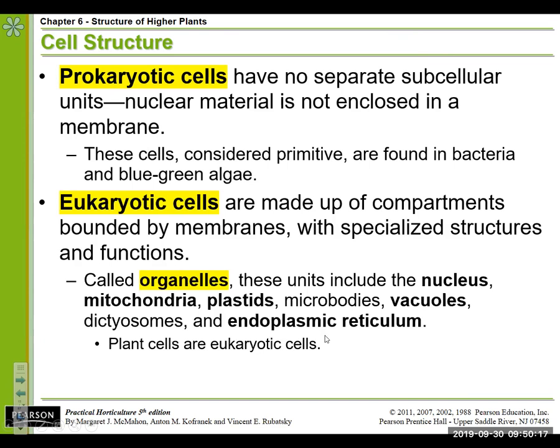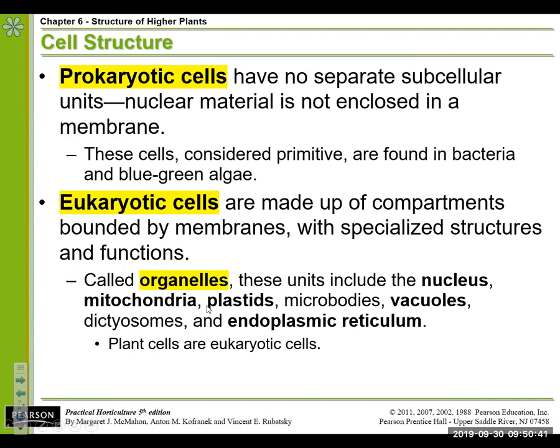The mitochondria, which we refer to as the powerhouse of the cell, the plastids, the microbodies, the vacuoles, the endoplasmic reticulum. These are all important to know about, but I'm going to gloss over them here. Just know that these are the components of a eukaryotic cell.